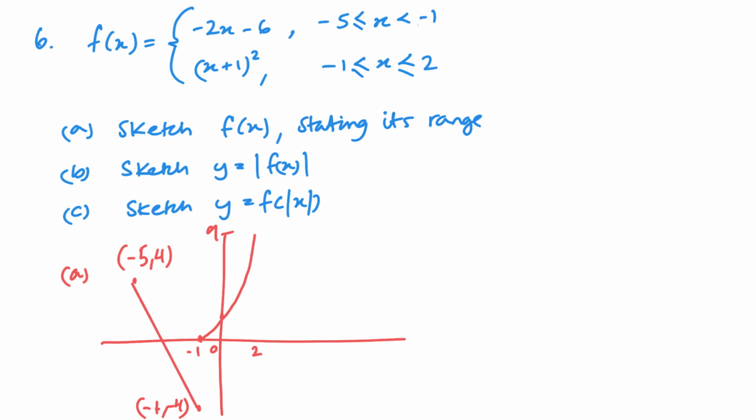Now, stating my range, well, my range is quite clearly between -4 and 9, and there's no gaps in it because this gap here is obviously this bit, so there's no gaps in it. So my range here, which is my f of x, is between 9 and -4.